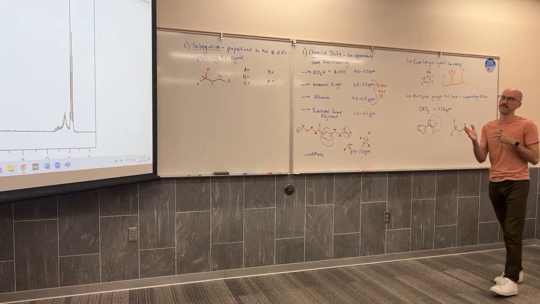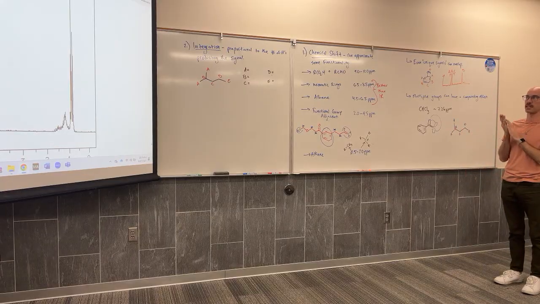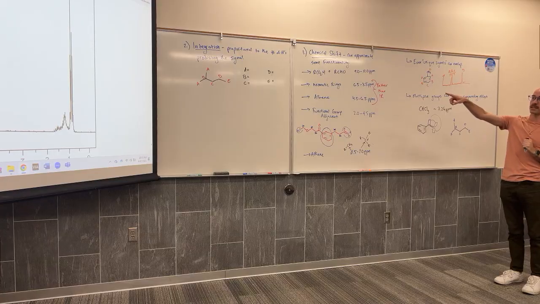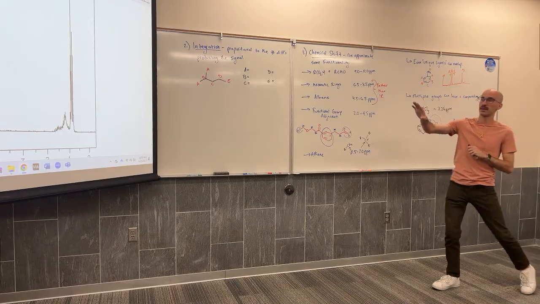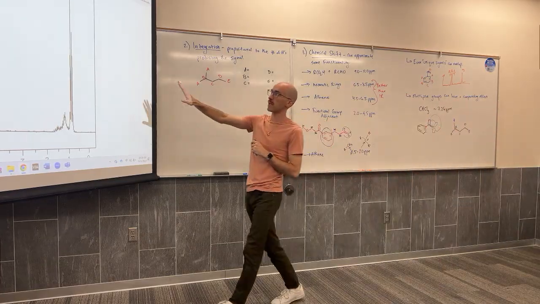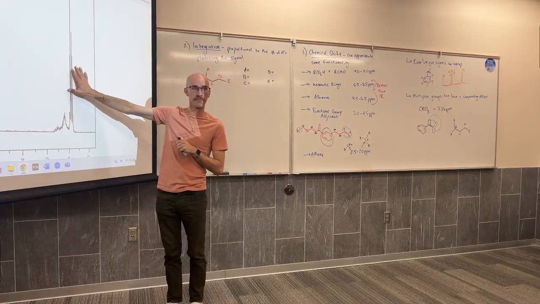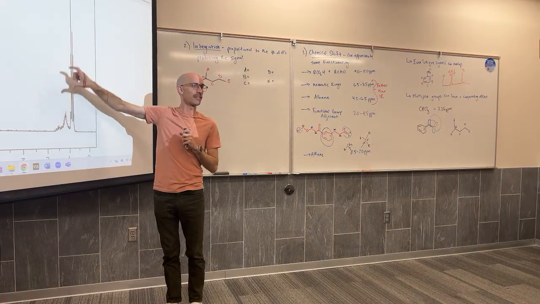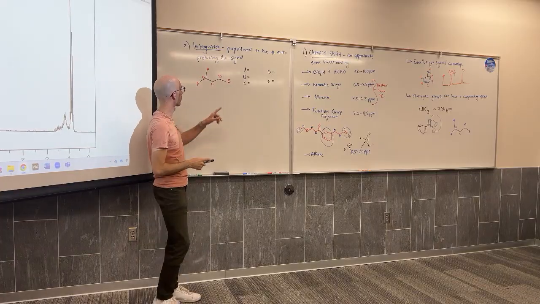Luckily, we can use computers today. Computers will do all of the integration for us. But computers will give us integrations in one of two ways. Regardless, I'm going to be giving you integrations. I'll give you a spectrum, and above a signal, I will write what the integration is in this form.